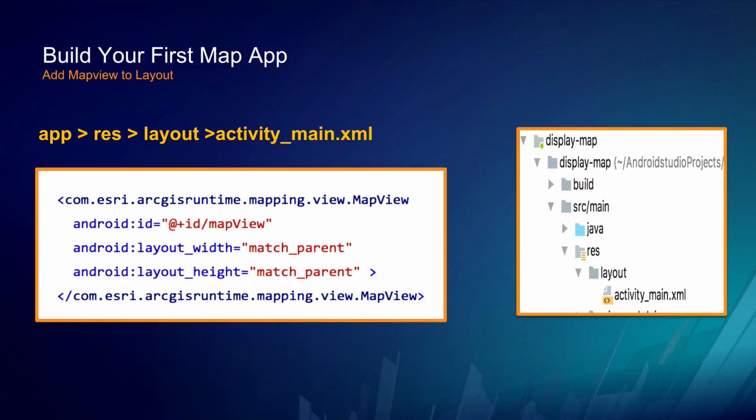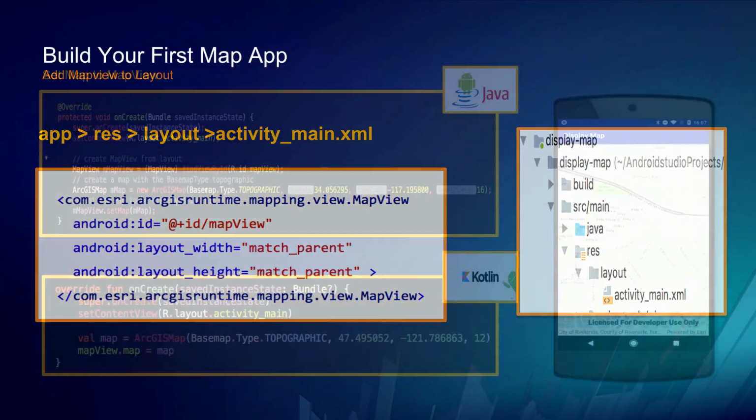Once you have your SDK, either through Gradle or downloaded locally, you can start building your apps. If you want to build your first map app, you create an empty project in Android Studio. You will have a layout activity. You can add a map view component, just the way you showed in the slide, in the layout.xml file.